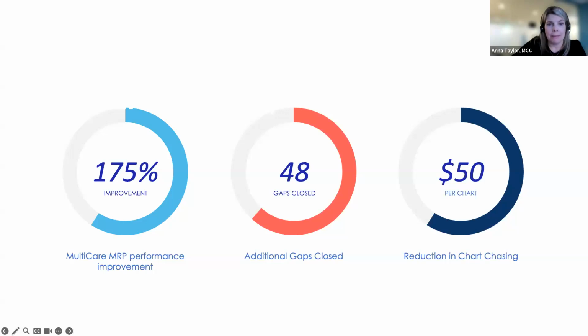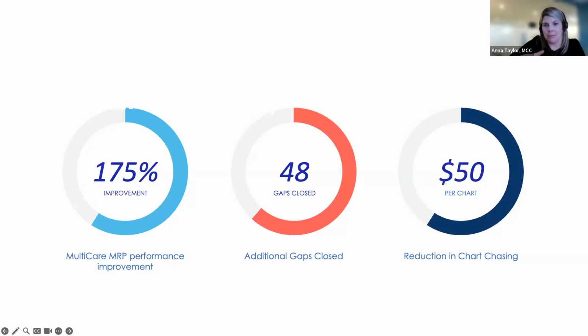The DEQM methodology enabled us to improve our performance, so harvest data in a more efficient, effective way by 175%. In that bucket of things, that was 48 extra gaps we were able to close. Those 48 extra gaps actually have a dollar associated with them because we're in a value-based arrangement where we're paid for quality performance.